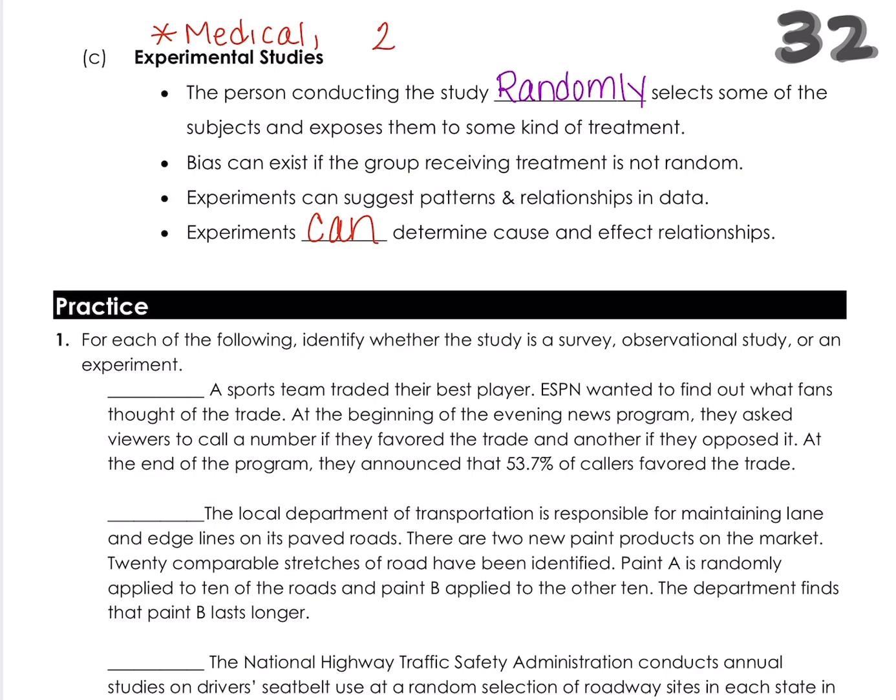If something is split up into two groups and you're comparing, that is an experiment. If anything is being controlled at all by the person conducting the study, that is an experiment. Because in a survey and in an observational study, nothing is being controlled, just either asked or observed.